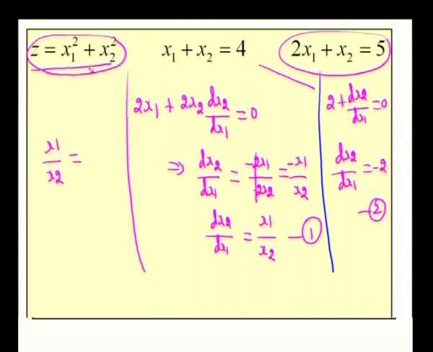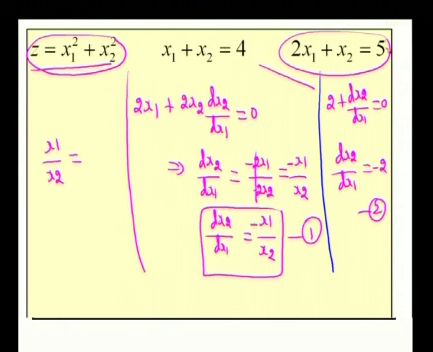The gradient of the tangent to the circle is obtained by differentiating this equation with respect to x1. So, we have 2x1 plus 2x2 dx2 by dx1 equal to 0. By simplifying, we have dx2 by dx1 equal to minus x1 by x2. We name it equation 1.